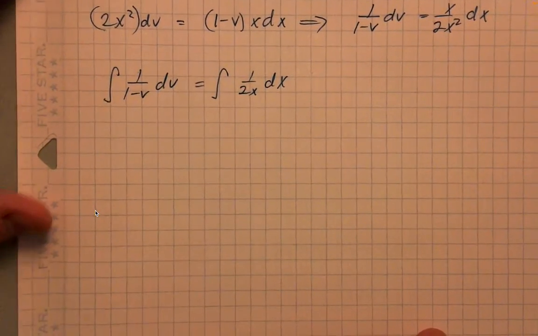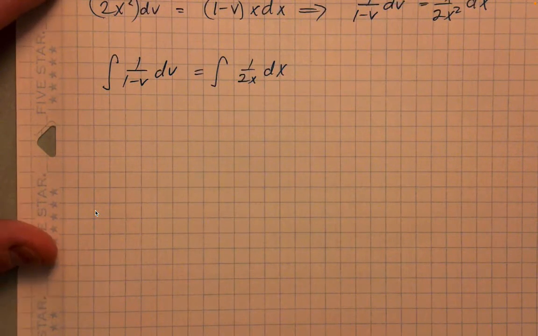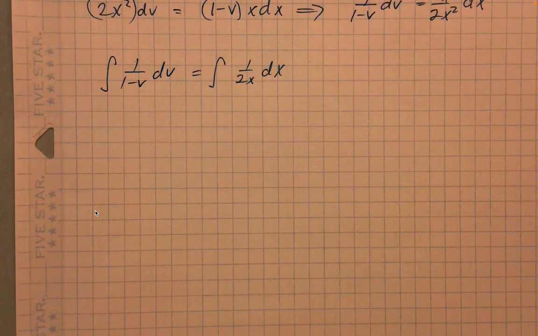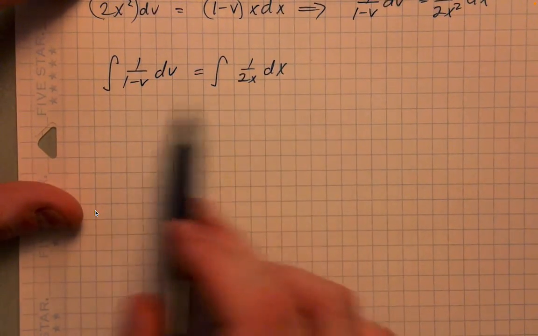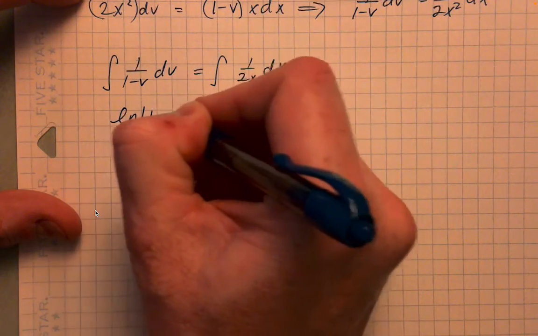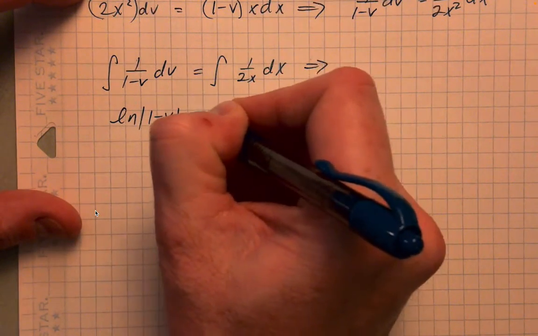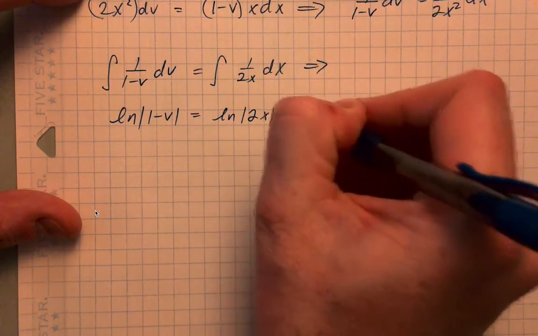In both cases, you're going to have basically a natural log. We're going to use the natural log to do the integration in both cases. And so we get the natural log of 1 minus v is equal to the natural log of 2x plus some constant.